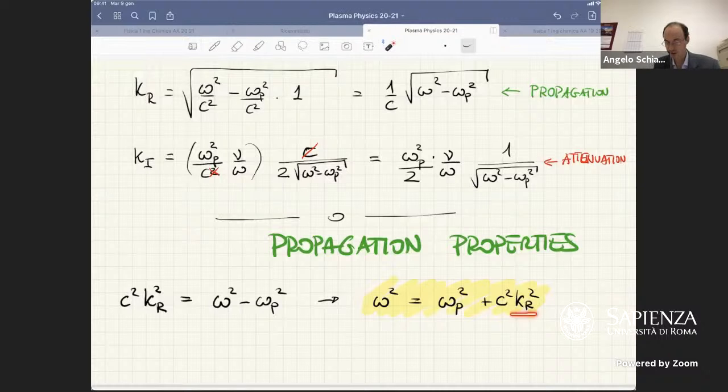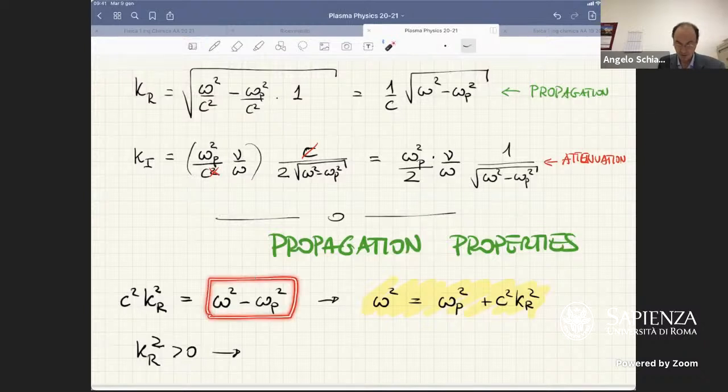So for sure, kr squared is positive. What does this mean? It means that omega of the wave has to be larger than omega p.